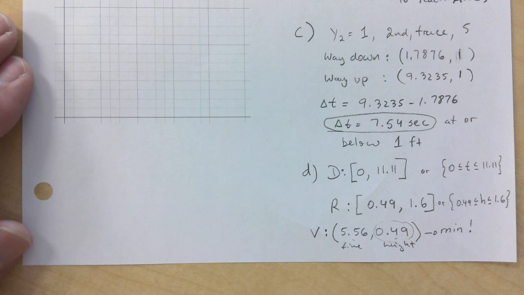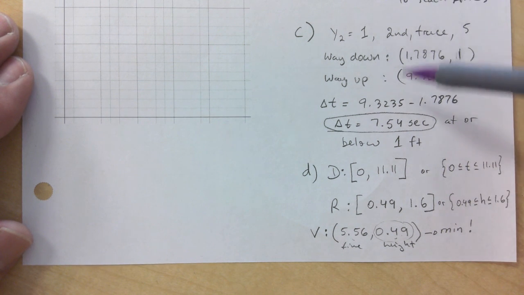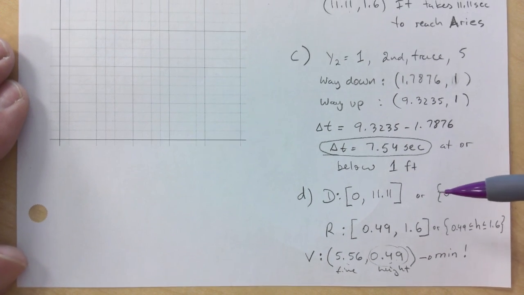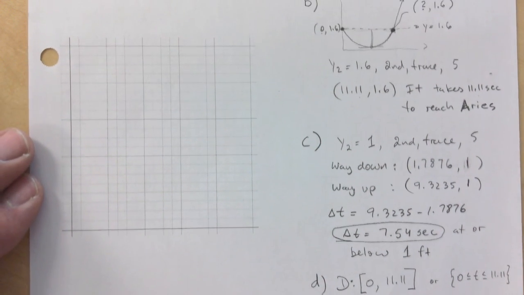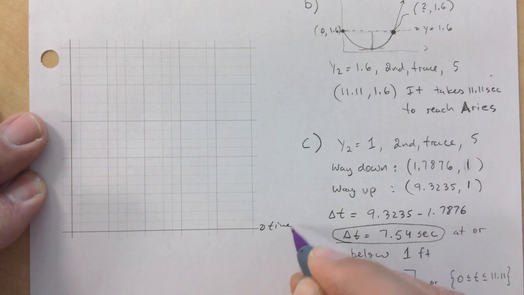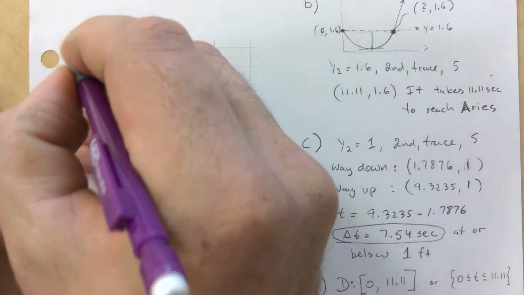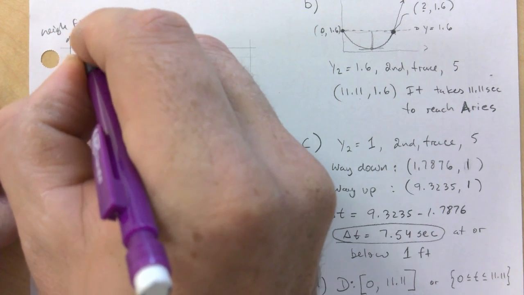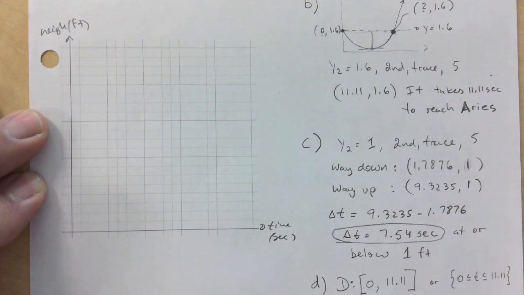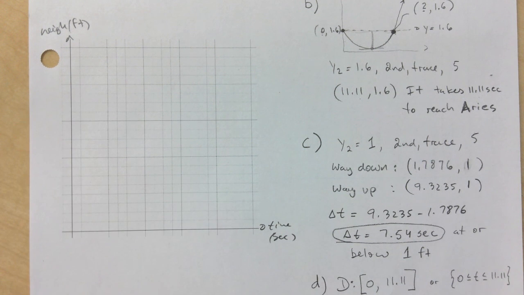So now we can graph it. And you basically have a lot of information here that will help you with it, okay? So I'm just going to go here and say that this is time in seconds, height in feet. I know, you're probably saying there's feet and meters at the same time, right?